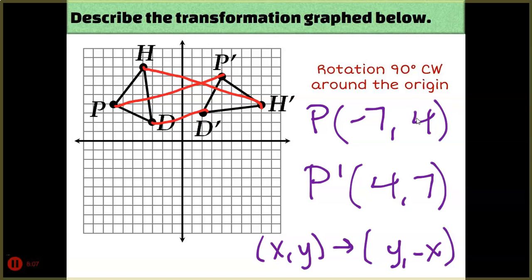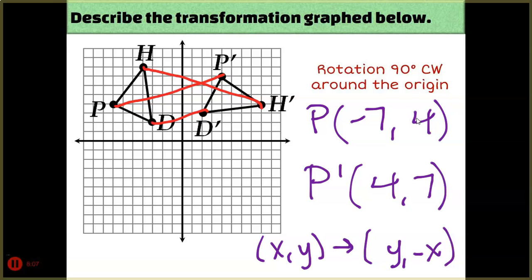So the rule that would map P onto P prime is (y, -x). And you can compare that to the rules of rotation that you should have memorized and see that that is the rule for 90-degree clockwise rotations. So as you can see, there's a variety of ways to identify what kind of transformation you're looking at. Just kind of depends on how it works best for your brain.